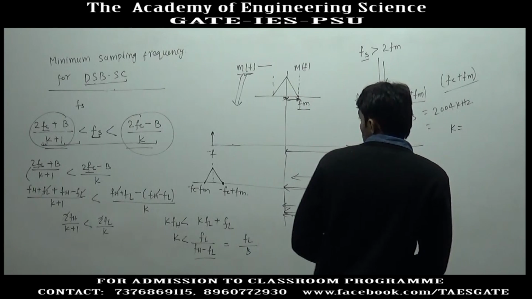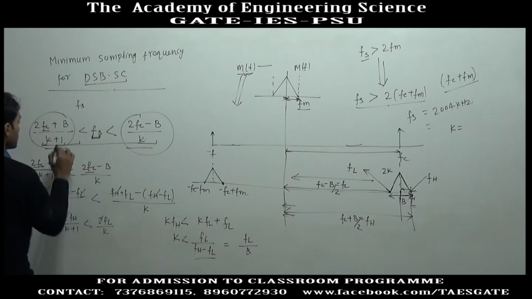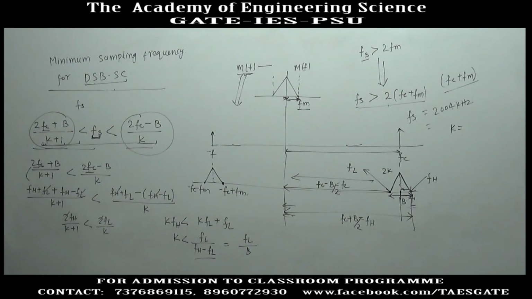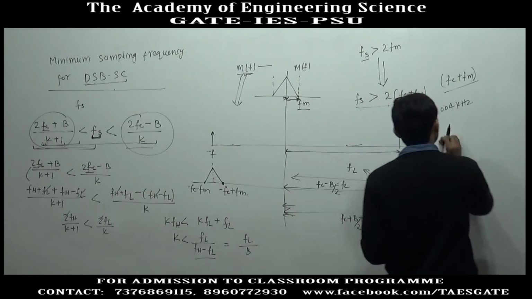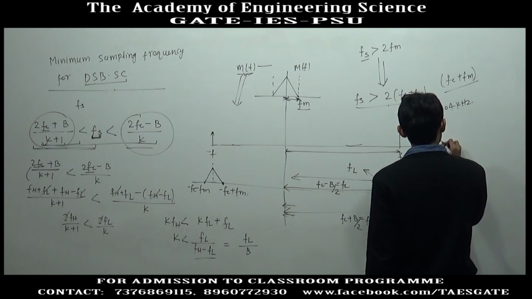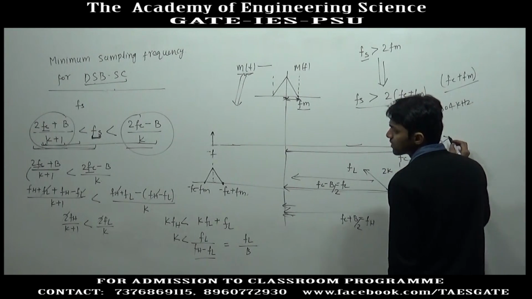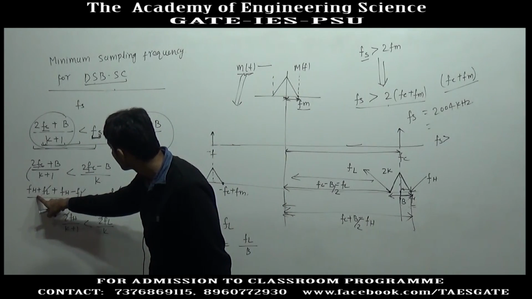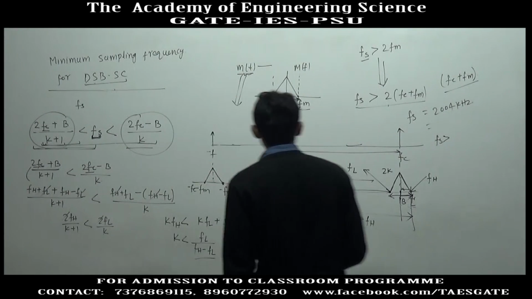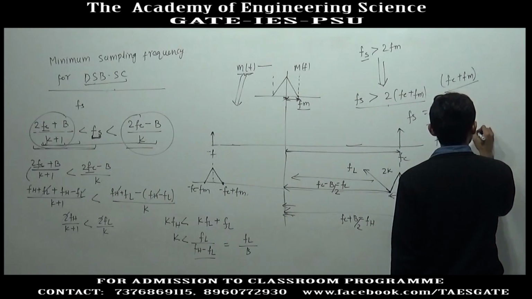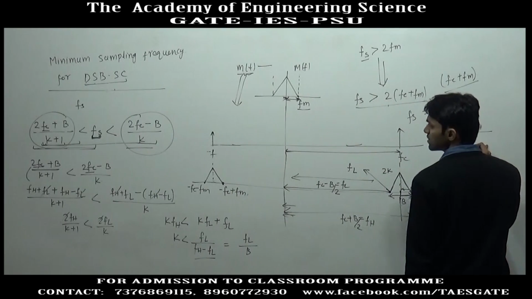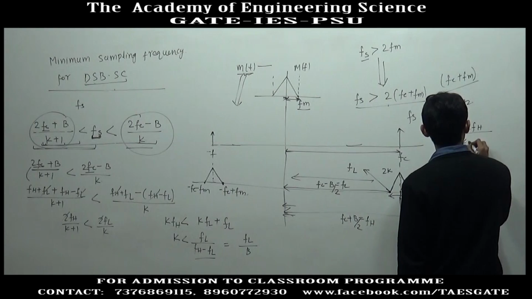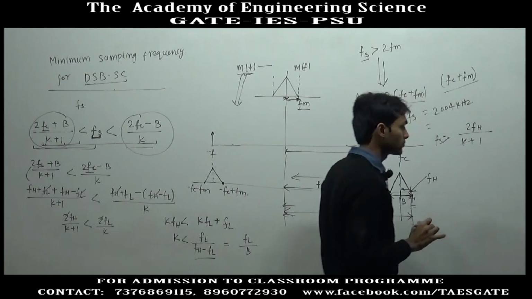Okay. Now, for obtaining the value of Fs, we will use this inequality. For proper sampling, Fs must be greater than 2fc plus B, and 2fc plus B is also equal to 2fh. This must be greater than 2fh divided by k plus 1.